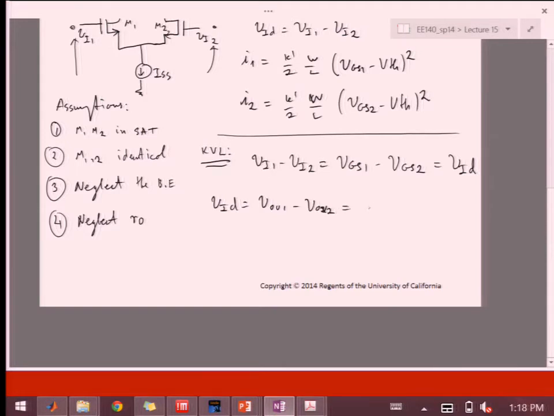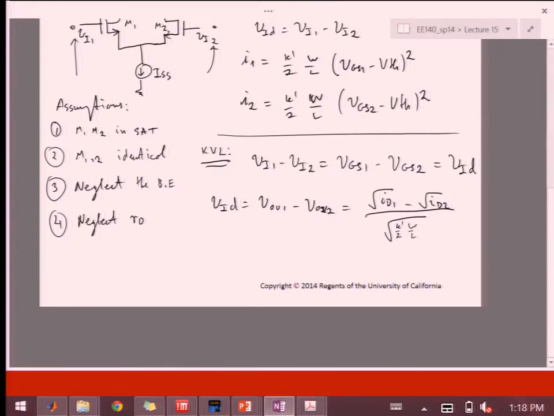And then this would really be the square root of the currents divided by this factor. So this will be the common factor.